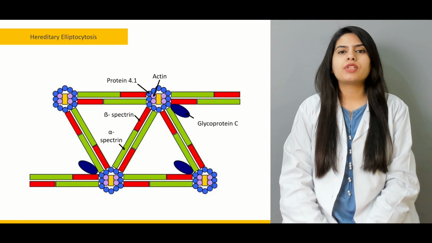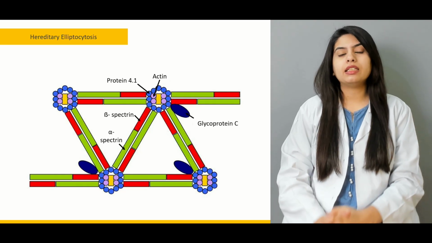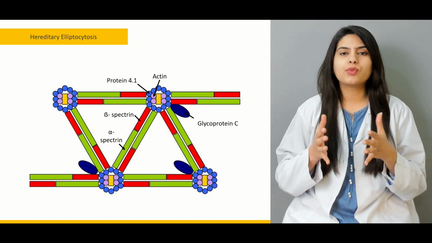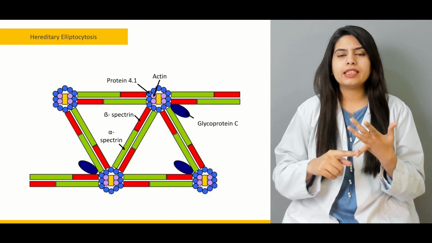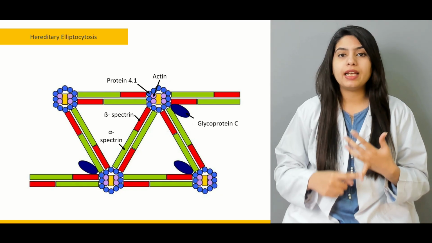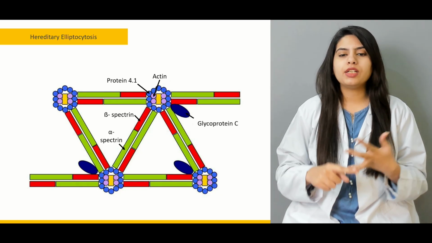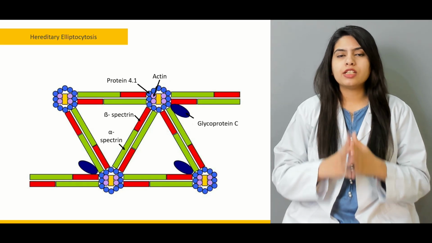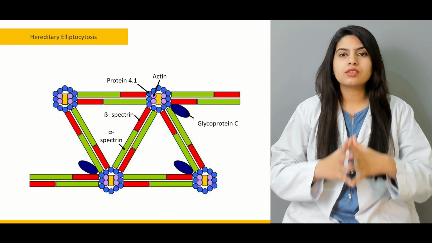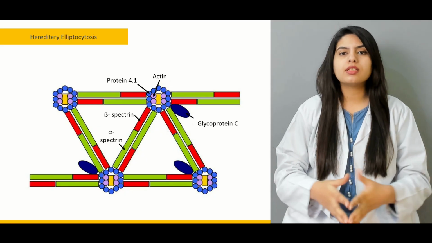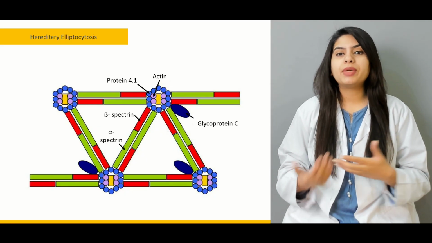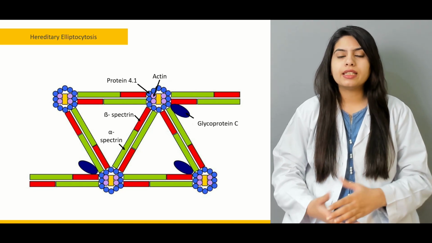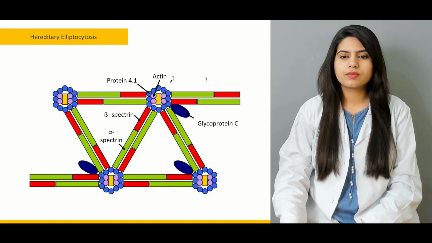In case of elliptocytosis, there is an alteration in this arrangement of the proteins, mostly in the arrangement of the alpha spectrin, protein 4.1 and glycoprotein C. The arrangement of these three proteins is altered in elliptocytosis, which leads to the formation of elliptical red blood cells and causes hemolytic anemia.